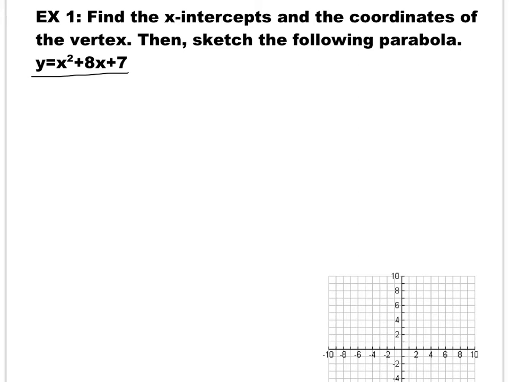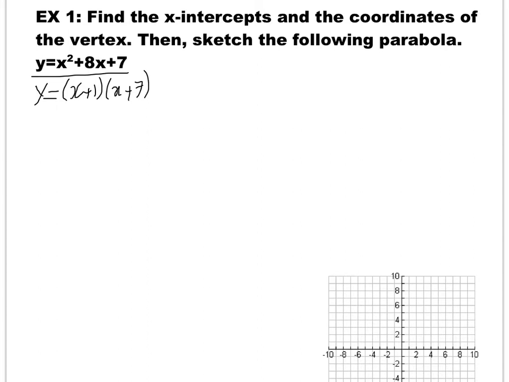The leading coefficient is 1, so I can use the sum product method. Find two numbers that the product is 7 and the sum is 8. Those two numbers are 1 and 7. So I can write y is equal to x plus 1 times x plus 7. 7 times 1 is 7, 7 plus 1 is 8.